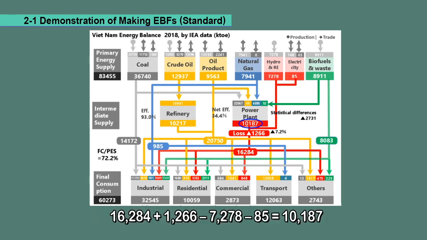That is 16,284 plus 1,266 minus 7,278 minus 85, which equals 10,187. Enter that as the provisional figure.